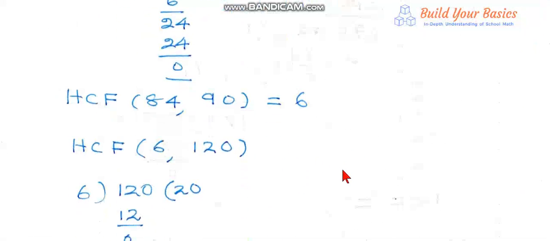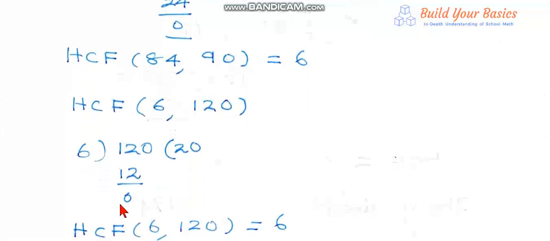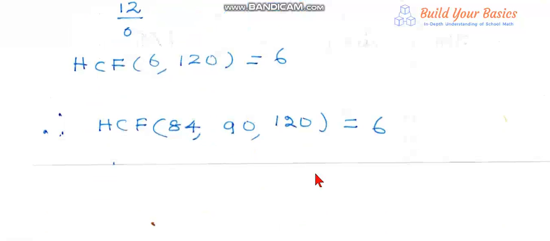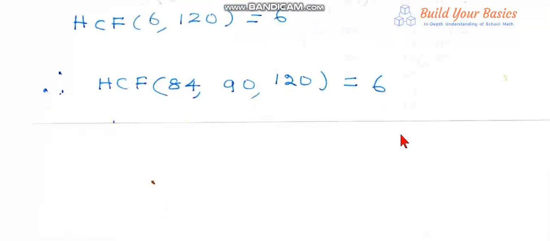We have to find the HCF of 6 and 120. The bigger number 120 is divided by 6. The remainder is 0. So the divisor 6 is the HCF. HCF of 6 and 120 is 6. So the HCF of the given three numbers is 6. So the problem is over.